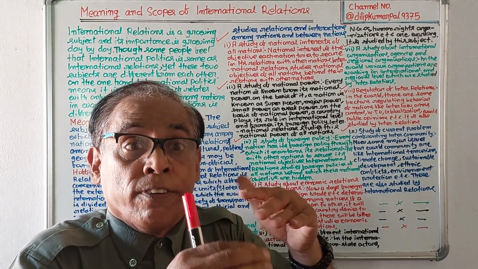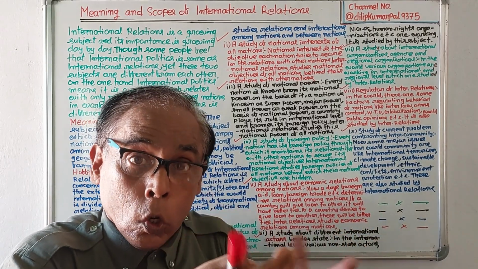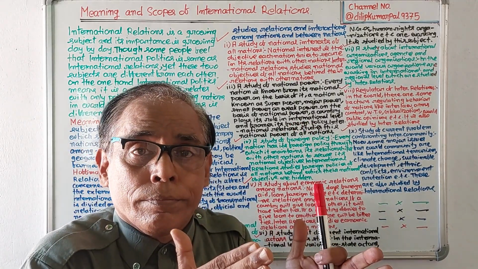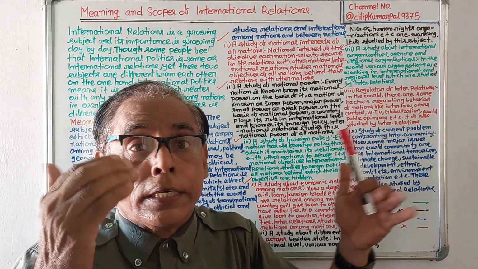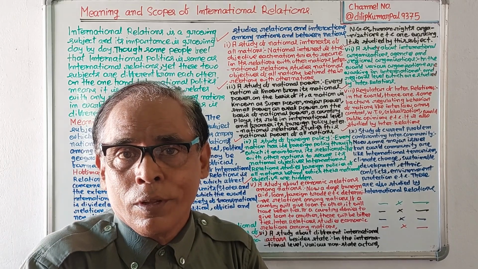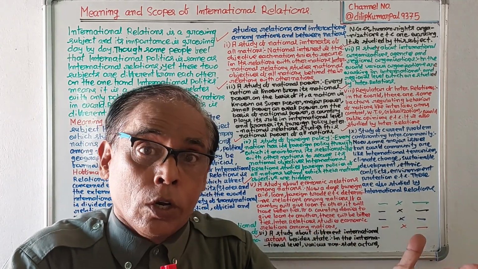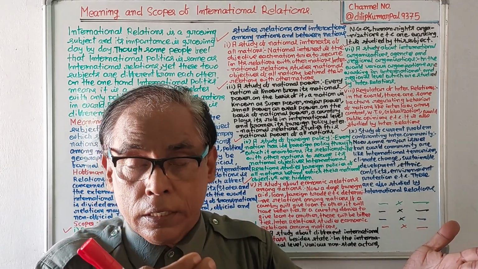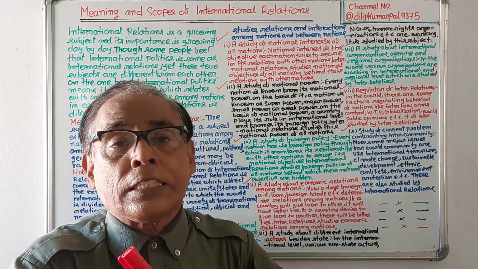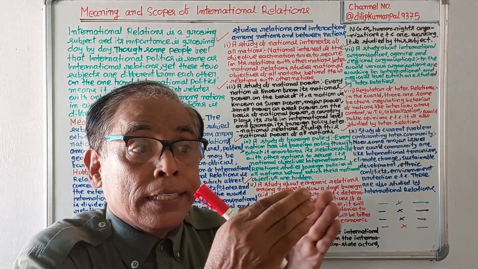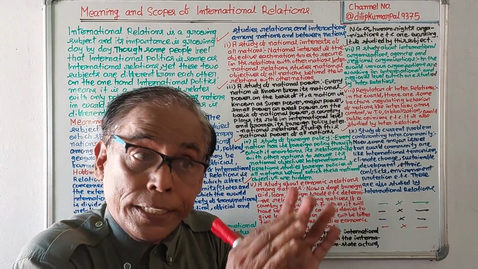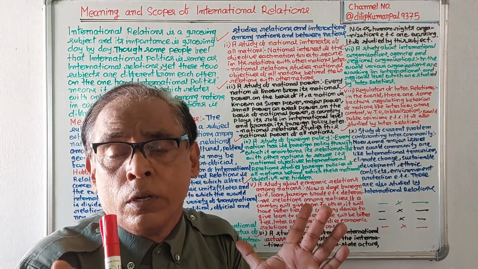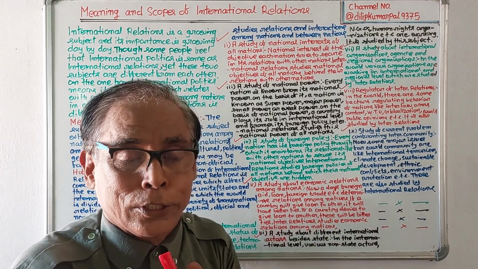Nowadays, foreign aid, loans, and international trade play a vital role in international politics. If a country gives a loan to another country, the country which receives the loan will have a better relationship with that nation. If a country denies a loan to another country, the country which is not given the loan will not have a better relationship with that nation.